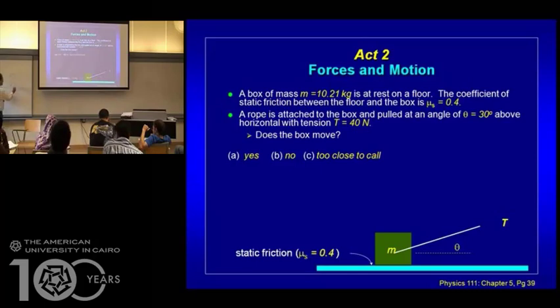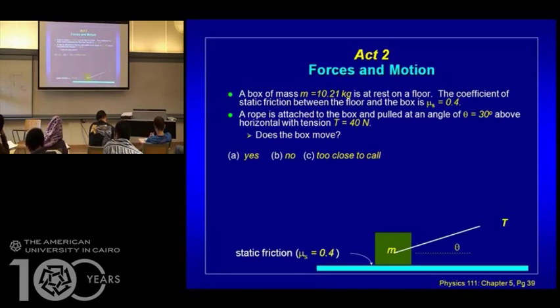And the tension will have two components, T cosine theta and T sine theta. Perfect. Will it move?